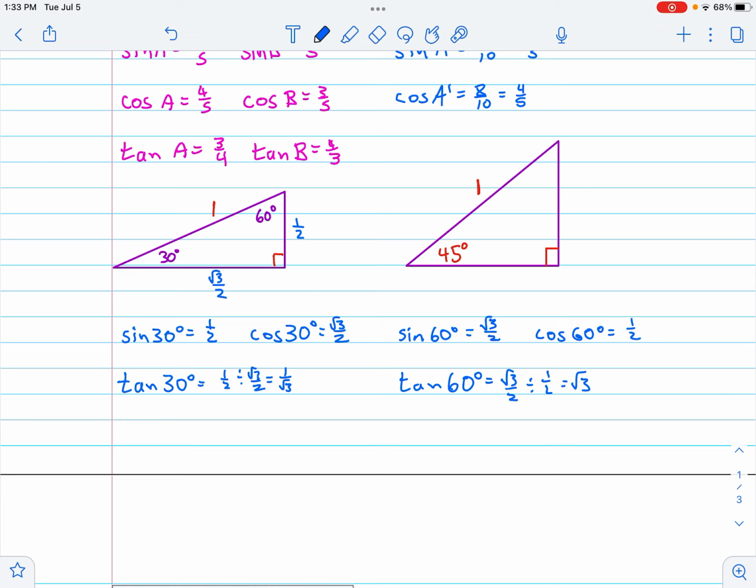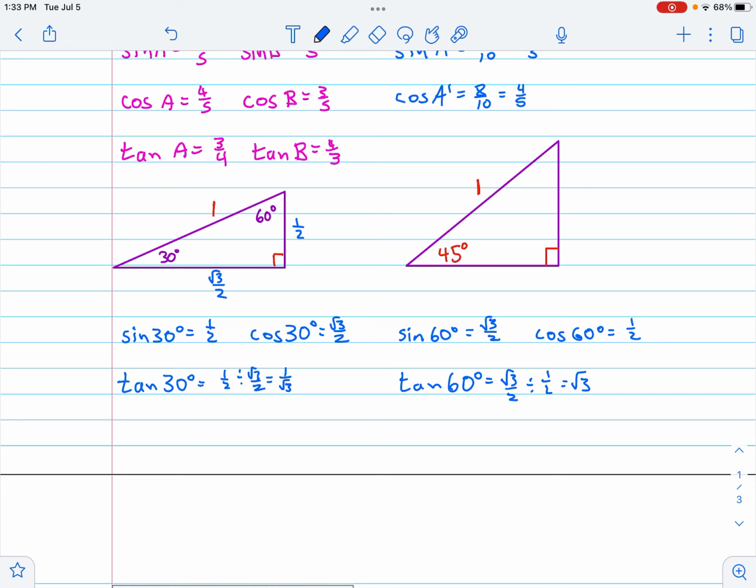So look, no matter what the hypotenuse is, the sine, cosine and tangent of 30 and of 60 are going to be consistently the same. The tangent of 60 is equal to the square root of 3, no matter how long the hypotenuse is. The sine of 30 is equal to 1/2, no matter how long the hypotenuse is.